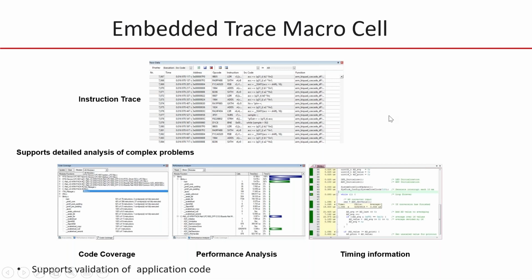One issue we have found with the instruction trace is, although the U-Link Pro is spec'd to work with processors running at a core clock frequency of 200 megahertz, we tend to find that it tops out at about 140 to 160 megahertz.